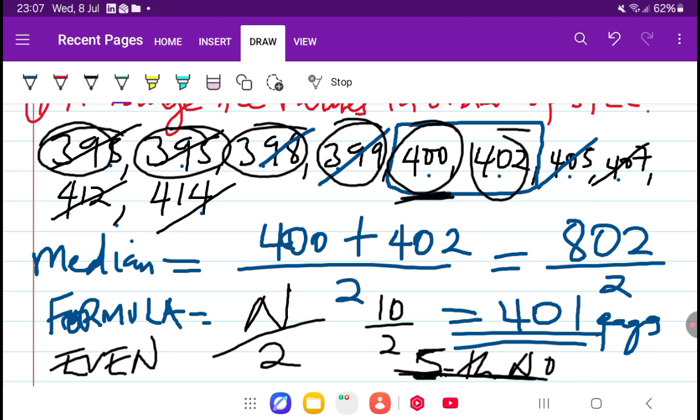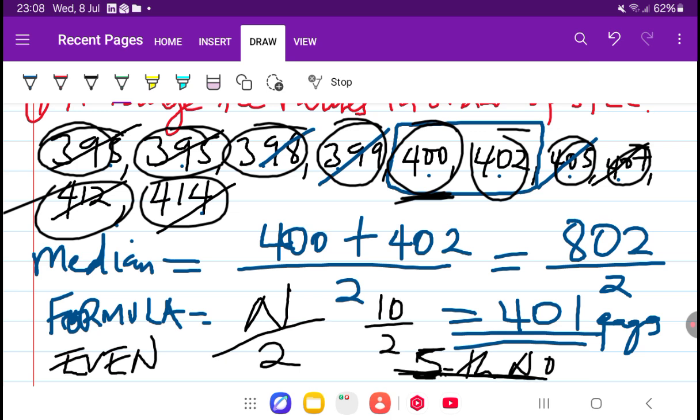But if you also try to count 1, 2, 3, 4, and 5, you will see that this side are 5 and this side are 5. It means those two values in the middle are the ones that we are going to take to help us get the median.